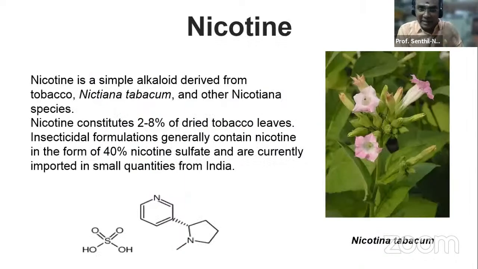So here is nicotine, right? Everybody knows nicotine. Actually, the plant Nicotiana tabacum was identified for pesticidal activities in olden days because it is majorly cultivated in North America. Later on, human beings identified the nicotine content, which gives many stimulating effects in the human body.